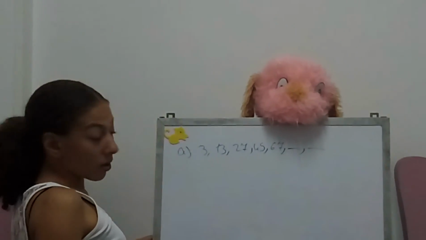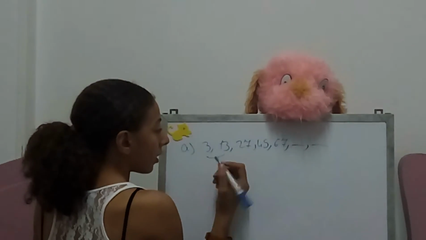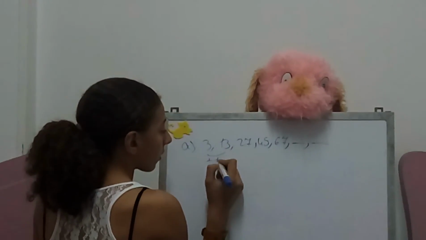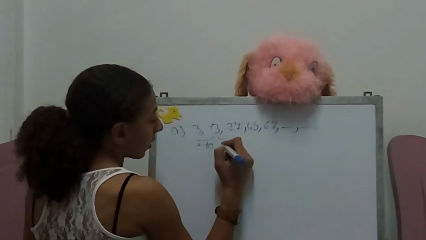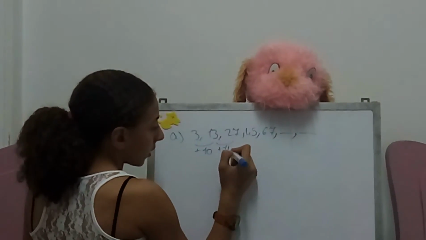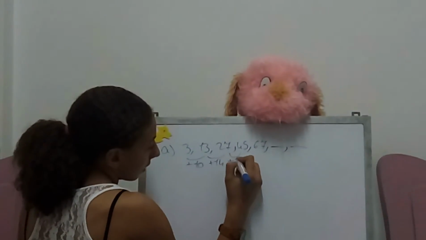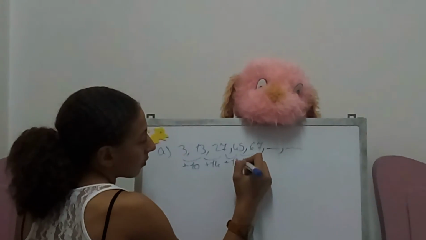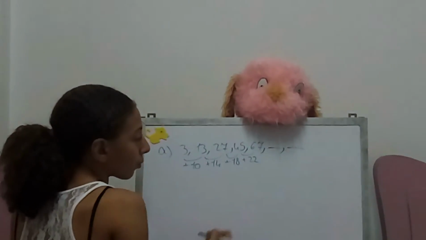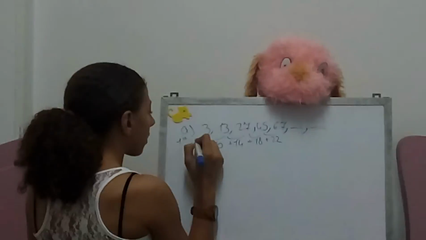Which differences are constant? So let's solve. 3 to 13, we add 10, okay? From 13 to 27, we add 14. From 27 to 45, we add 18. And from 45 to 67, we add 22. Okay? So this is the first difference.